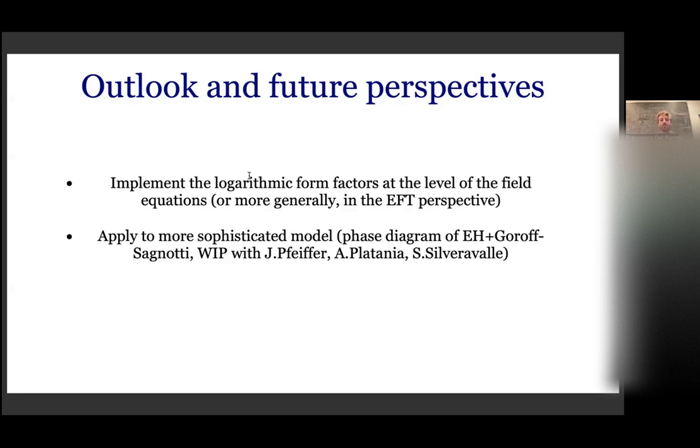We would like at some point to understand a way to implement these logarithmic form factors in the field equation, and to see how they modify the landscape. Because if you understand that, then you get rid of the arbitrariness I was talking about above. There would already be a prescription to fix the scale, to get rid of the logarithm, and to understand the finite value of the Wilson coefficient.